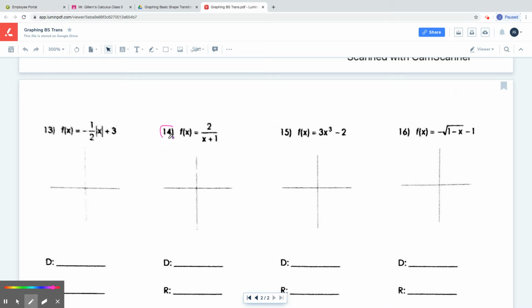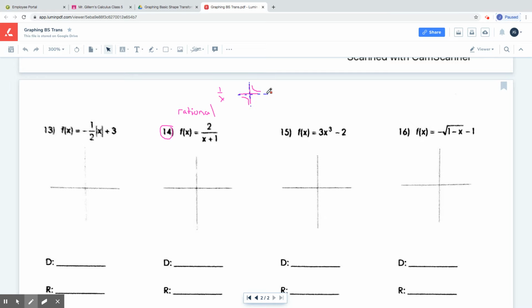We have a rational, which means a fraction. The basic shape of 1 over x had curves here and there, and we had a vertical asymptote at 0 and a horizontal asymptote at 0.